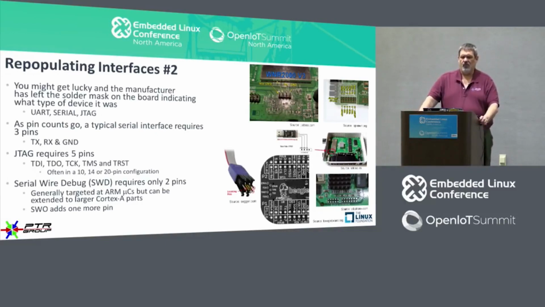Generally, serial wire debug is targeted at microcontrollers, but we're starting to see it now on some of the larger ARM Cortex-A parts as well. And if we had a requirement for serial wire output, which is basically a print line, a serial port, that requires just 1 more pin. So in 3 pins, we can basically get a debug interface, et cetera.